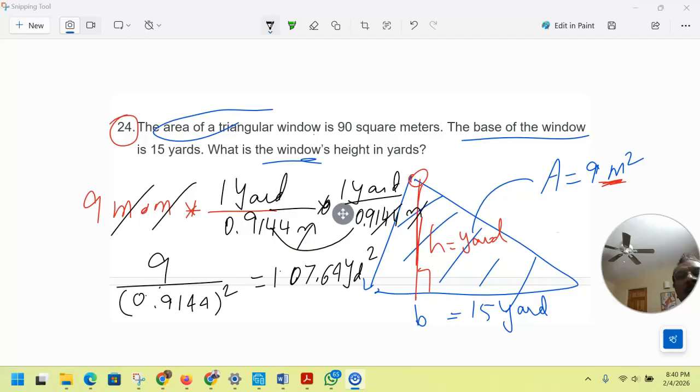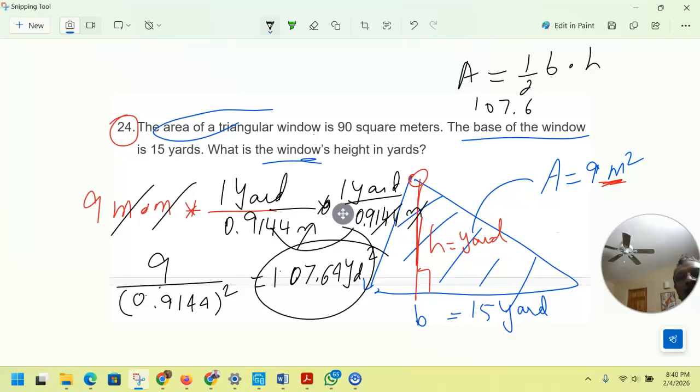So once you have this, area is half base times the height. So you know this area, this is 107.64 times half. The base is given 15, so this is 15 times the height.